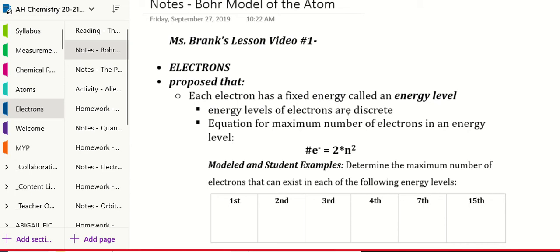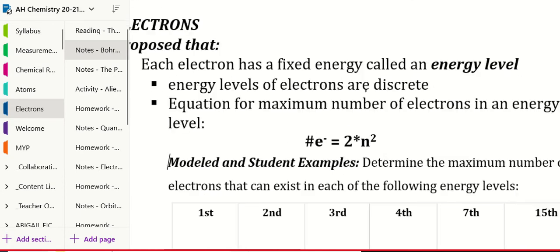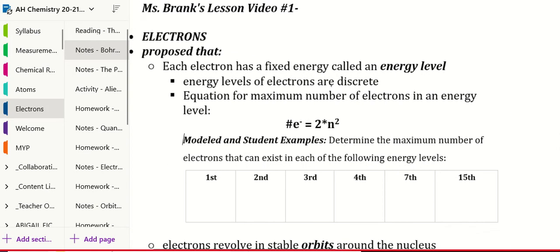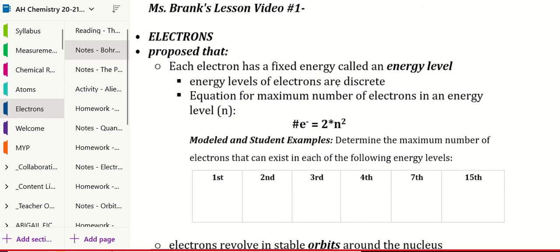So these fixed energy levels can hold a maximum number of electrons. And so we have this equation: the maximum electrons in a given energy level is equal to 2 times n squared, where n is the energy level. So for the first energy level, n would be 1, right?